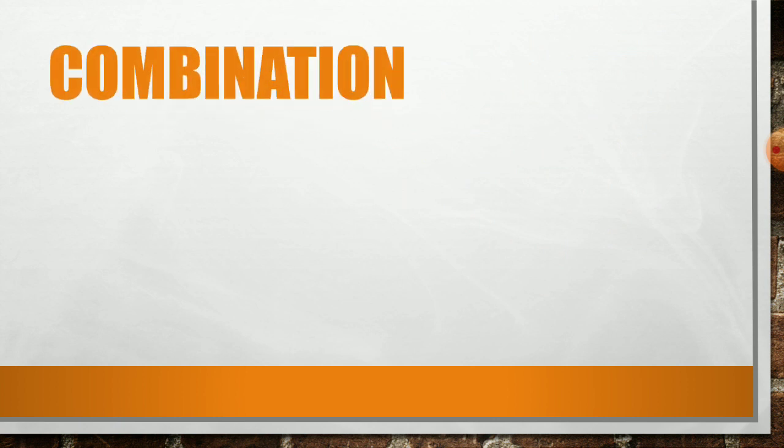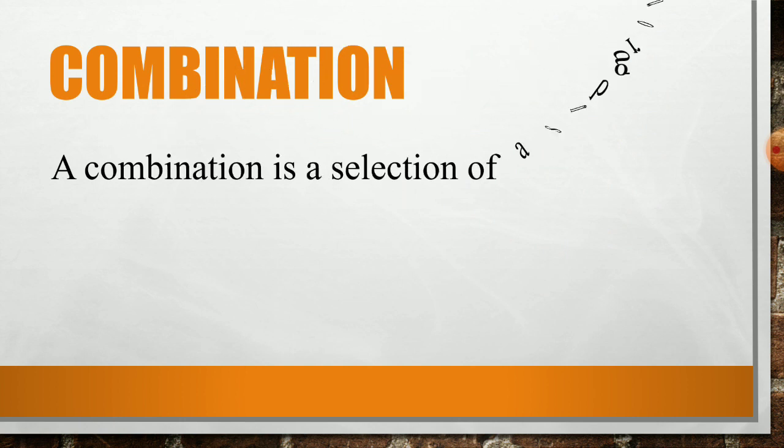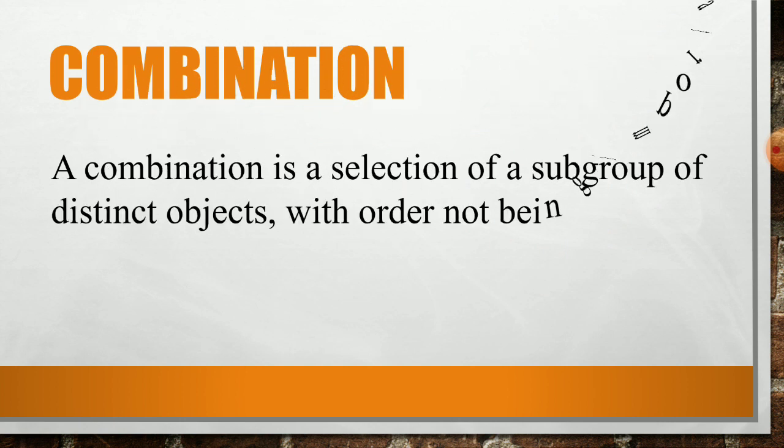Next will be the combination. Sometimes, we may wish to determine the number of arrangements of a group of objects when order is not important. A combination is a selection of a subgroup of distinct objects with order not being important.